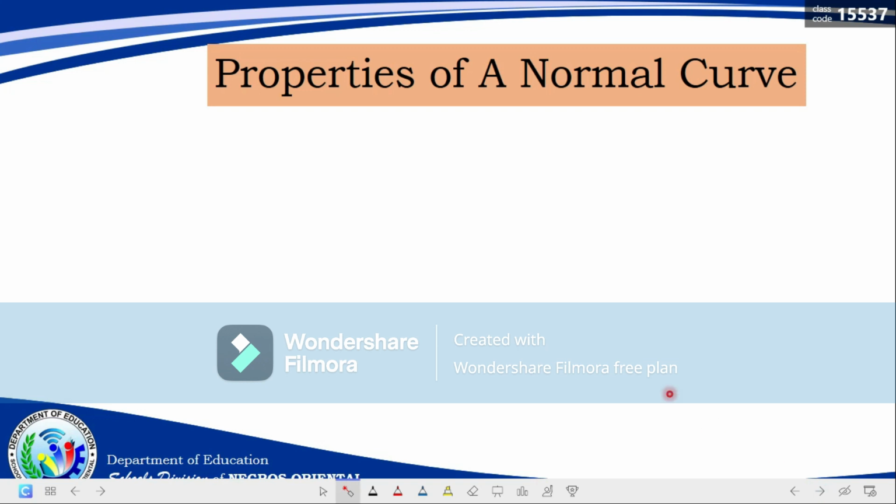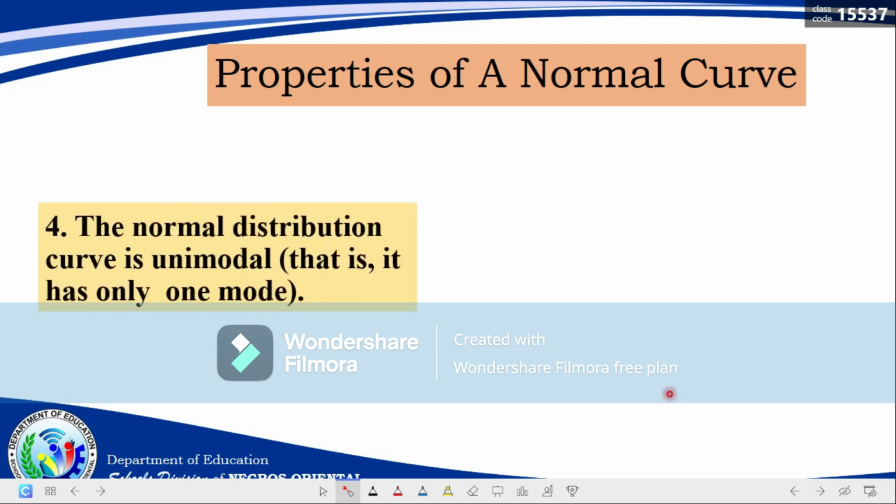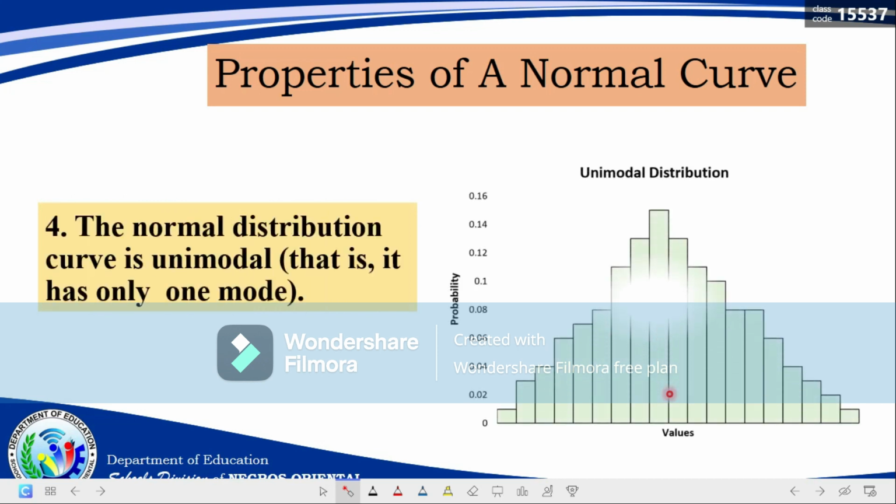The next property is that the normal distribution curve is unimodal. That is, it has only one mode. We discussed this already in our previous video. Take a look at this one. If you've noticed, this is unimodal, meaning there's only one value that has the highest frequency.